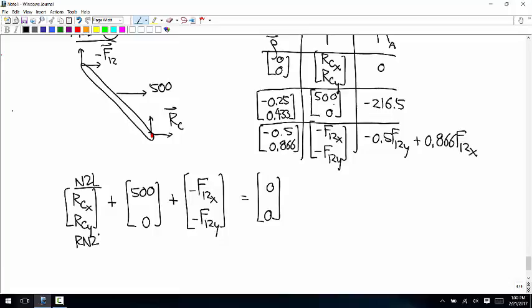And the moment equation says negative 216.5 plus 0.866 F12x minus 0.5 F12y is equal to 0. Yep, thank you. So that's positive, and that's positive, yep.